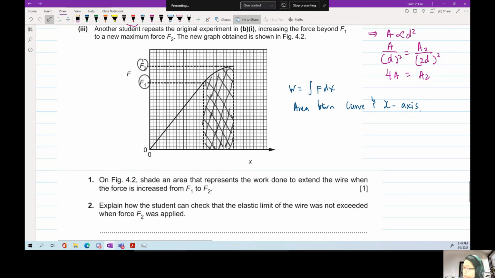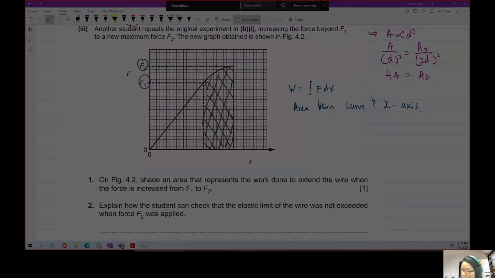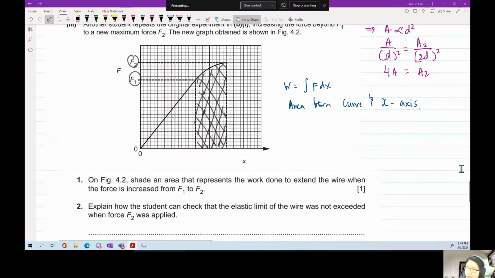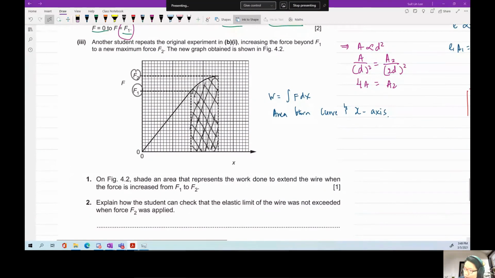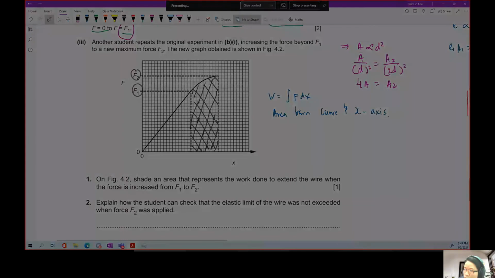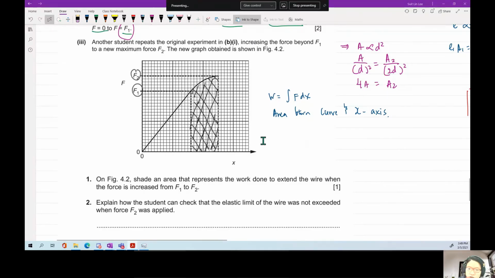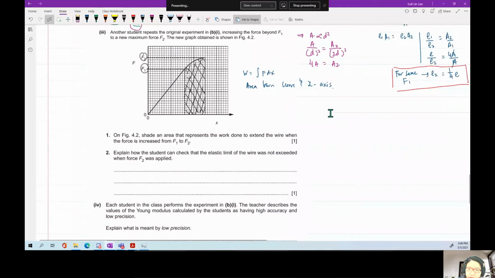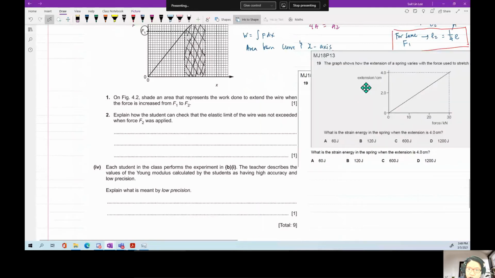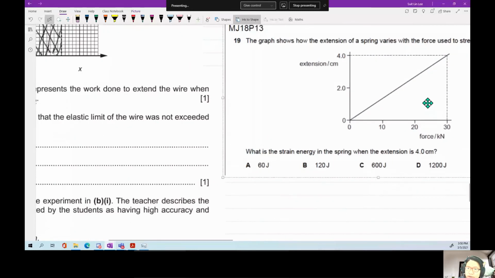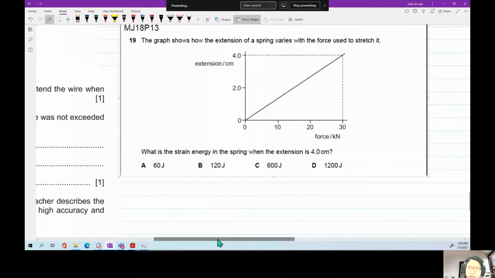If they flip the axis, let me find one where they flip the axis in past year. If they flip the axis like this question in June 18, just in case the axis is like this, always check the axis. This one is extension against force.